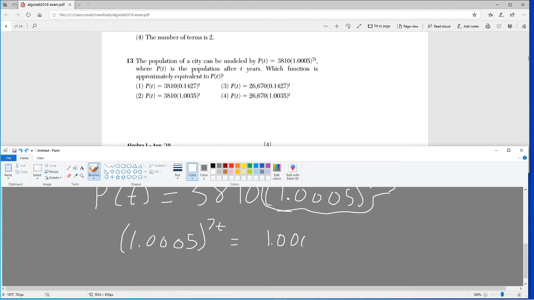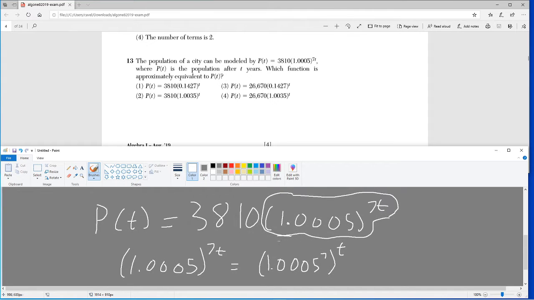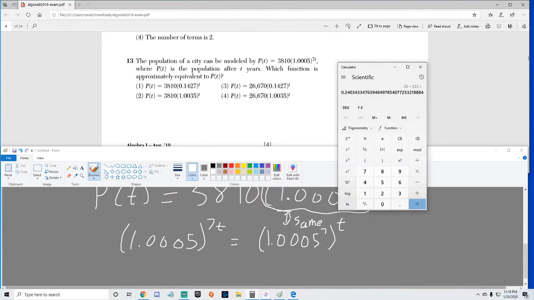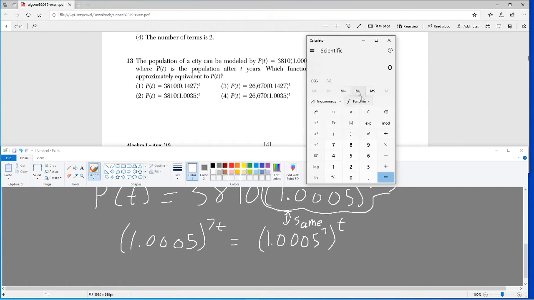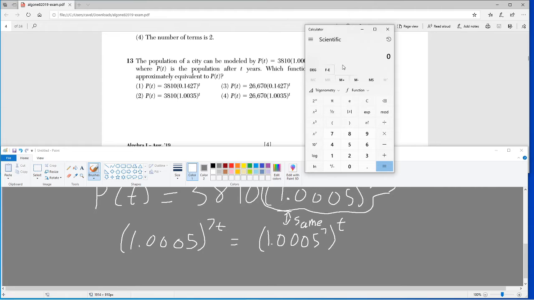Let me make this 5 or 0 a little bit better looking. So this is basically the same thing as this right here. Okay, so now let's do that. If you have a graphing calculator, it'll be a lot easier, but you don't really need to. The 7th power, right?